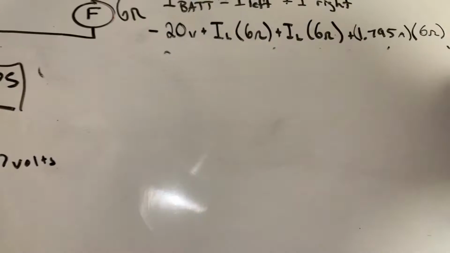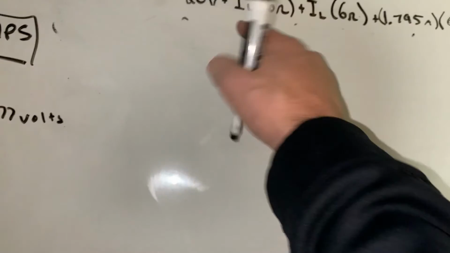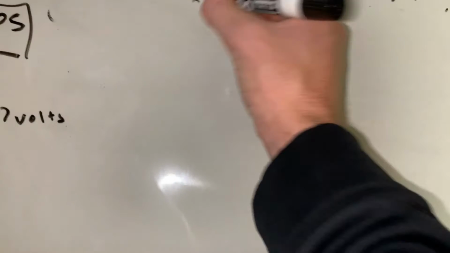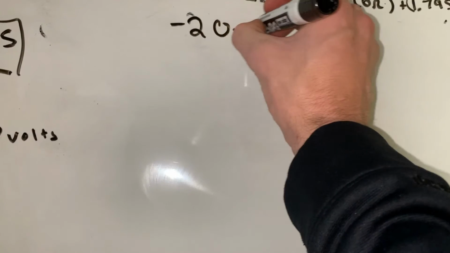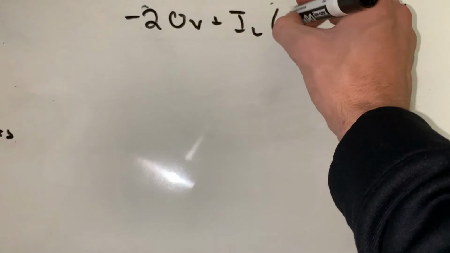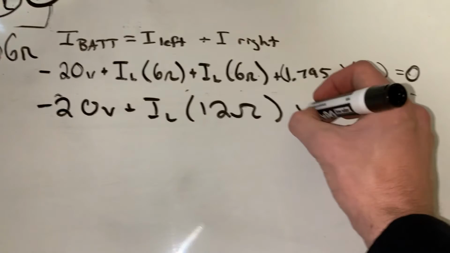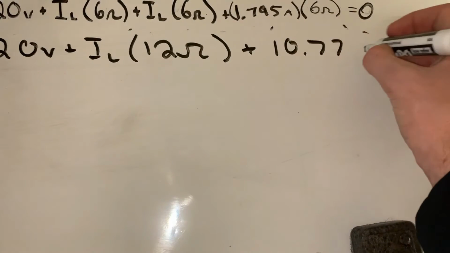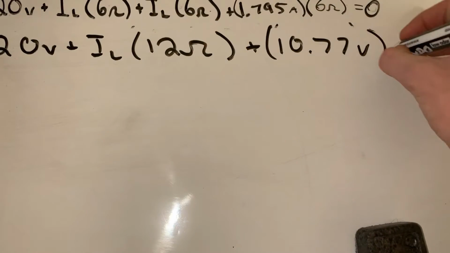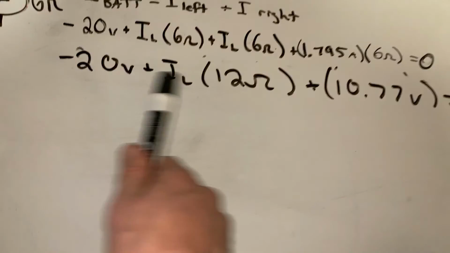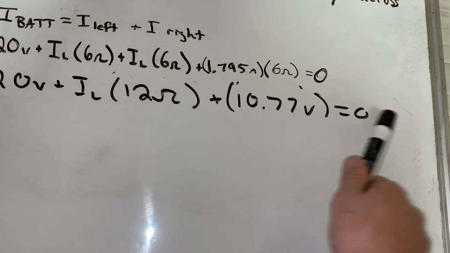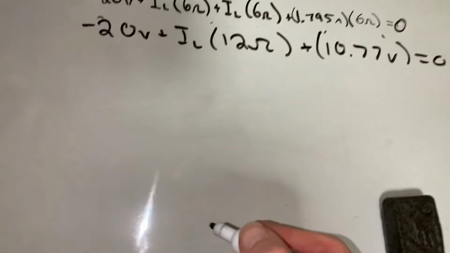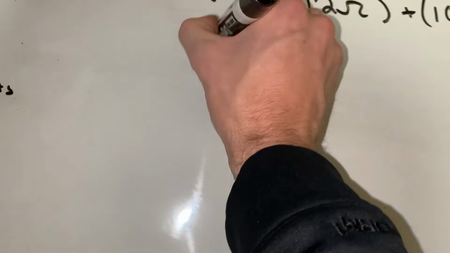So if we solve this equation that we already have for I left, let's solve this real quick. So IL times 12 ohms plus, this comes out to 10.77 volts equals 0. We can move 20 over here, then 10.77 over there, save some time because my phone is dying.